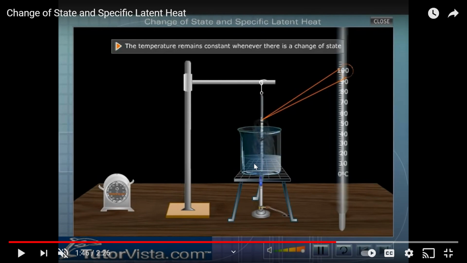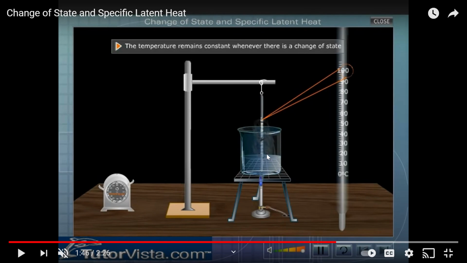when the water was in solid state, the temperature was 0 till it changed to liquid state. Still the water was 0. It was constant, because at this point the state was changing. There was a change in state from solid to liquid at 0 degrees centigrade. Same thing is happening at 100 degrees centigrade.